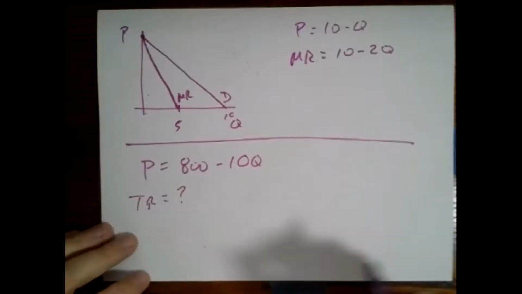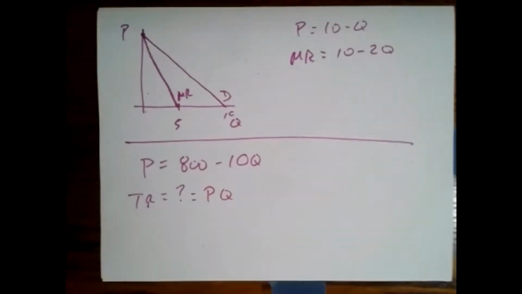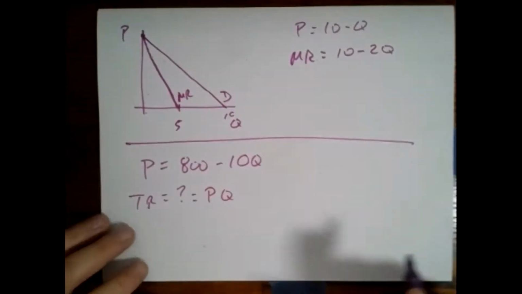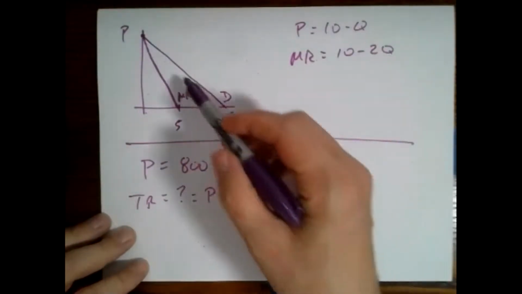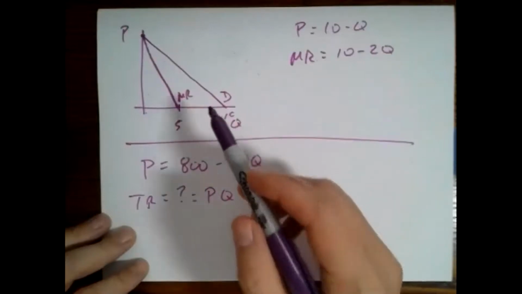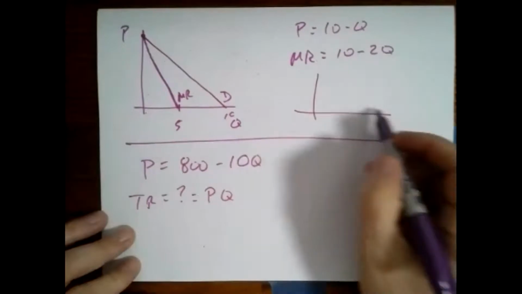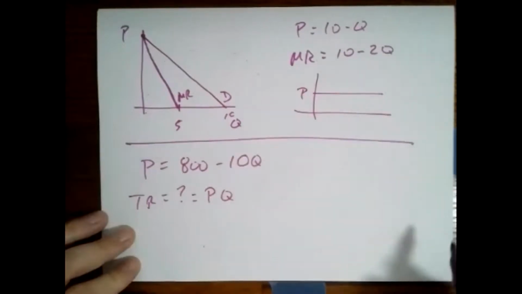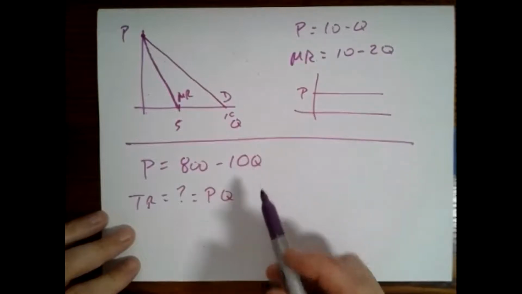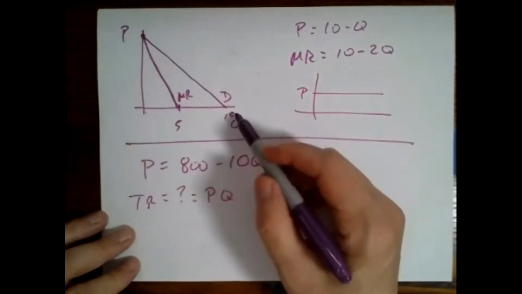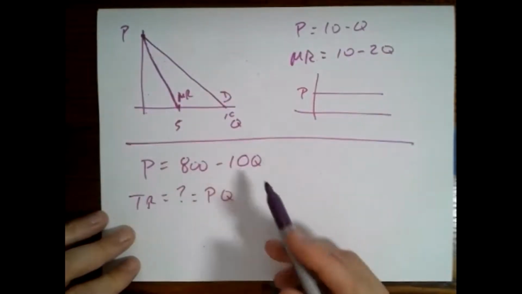So total revenue is still equal to price times quantity. It's always price times quantity. But remember, with a monopolist, the price is not a constant. It's a constant in the perfectly competitive environment, where price is a constant number like 10 or 47 or whatever it is, right? With a monopolist, the price decreases as quantity increases.